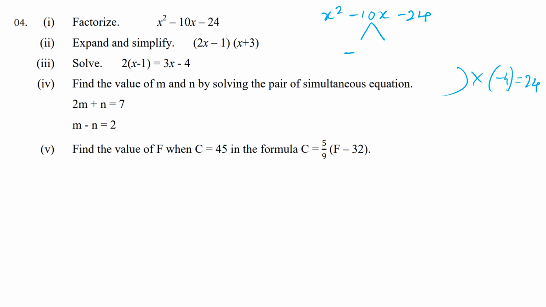And you can make 24 like this. You can do minus 12x plus 2x. Then 12 into 2 is 24, and minus 12 into plus 2 is equal to minus 24, and also minus 12 plus 2 is equal to minus 10.